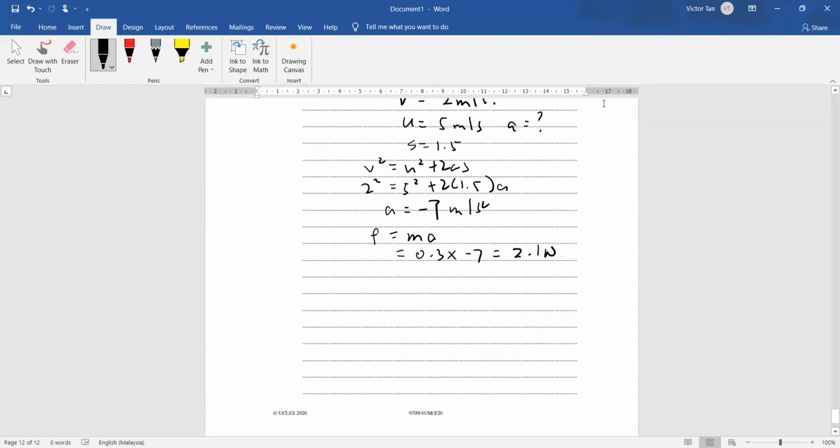Now the frictional force is mu R. R would be the same as the weight. 2.1 equals mu times the weight, which would be 3. Mu equals 0.7. That's it.